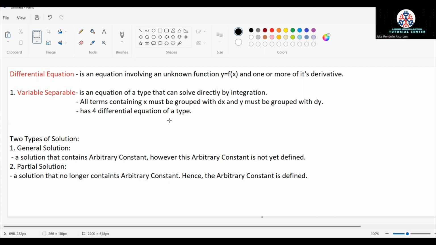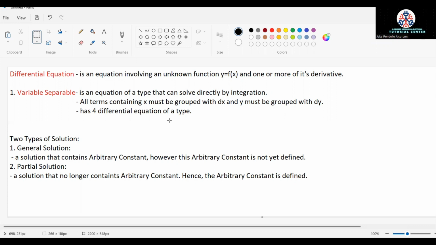But first, let's explain the types of solution. The first is the general solution, and the second is the particular solution. A general solution is a solution that contains an arbitrary constant. However, this arbitrary constant is not yet defined, meaning after integrating, you need to add c to your equation.